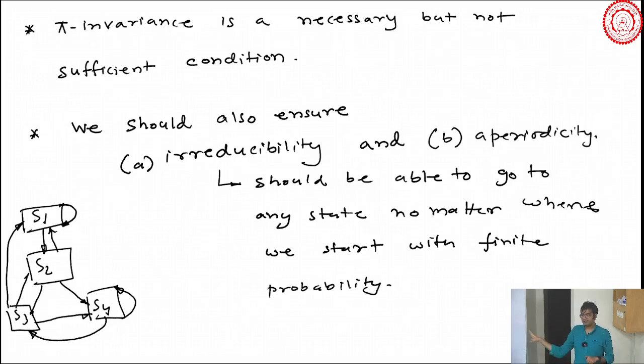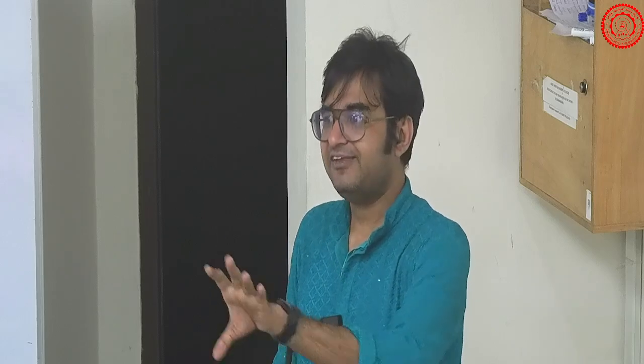So for that, what researchers did, those who developed this, was they came up with the idea of detailed balance. They said that, okay, we will not satisfy pi invariance, we will satisfy the detailed balance condition, and detailed balance happens to be a stricter condition. If something satisfies the detailed balance, it automatically satisfies the pi invariance.